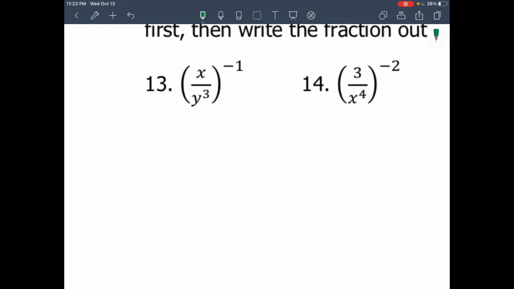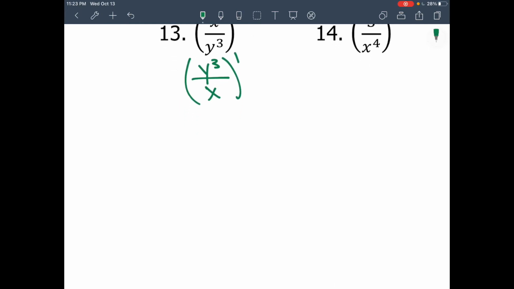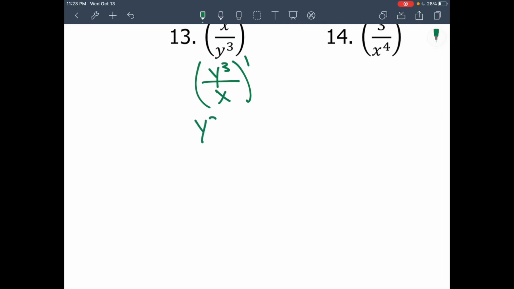What I mean by that is here, since the whole fraction is to that negative exponent, we're switching everything. So y cubed over x, and now that's to the first power. Anything to the first power is just itself, so y cubed over x is the answer.